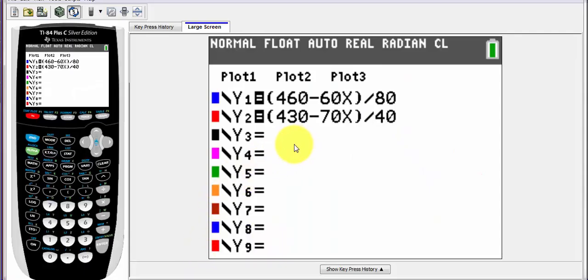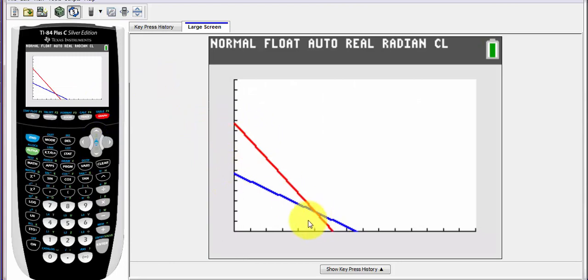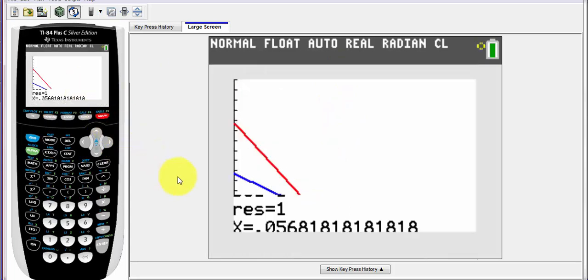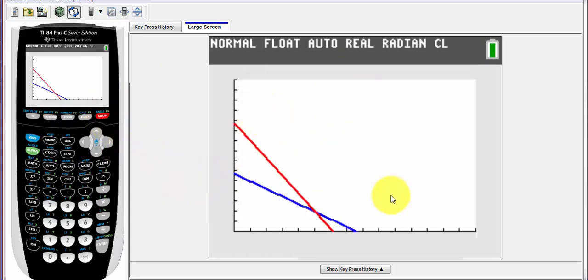So bringing up the calculator, these are what we have. I'm going to press graph. I've already adjusted my window. Let me show you what the window was real quick. I meant to show you that before. I've adjusted my window to something very similar to how I graphed it on my paper. So I press graph. I don't have the shading, but all I need to do is find this intersection point.